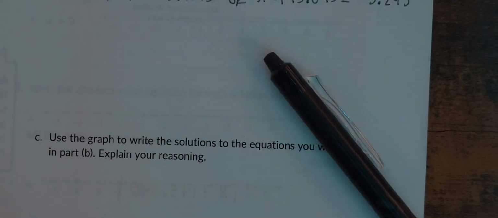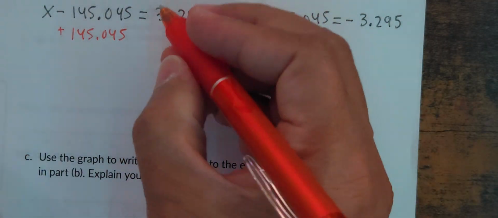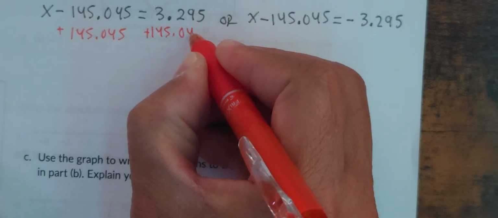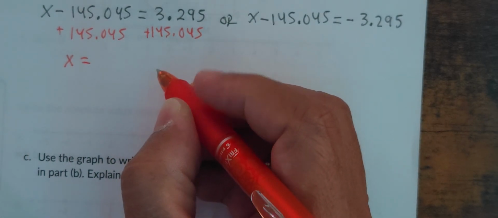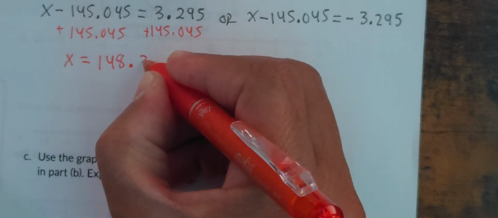Okay, so then to solve this equation, what you would do is add 145.045, meaning you're not using the calculator or the graph, you're solving actually. Okay, so plus 145.045, and then that gives you that the approximate value for x is 148.34.